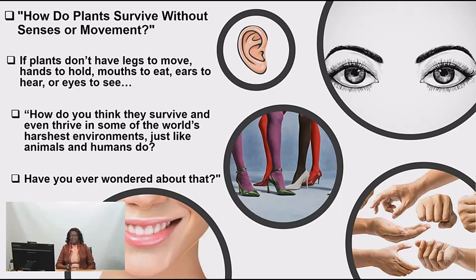Plants are organized systems that live a stationary life in one place. Plants cannot move away from changing environmental conditions like humans and animals do.